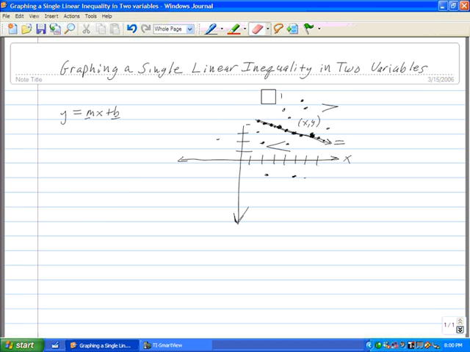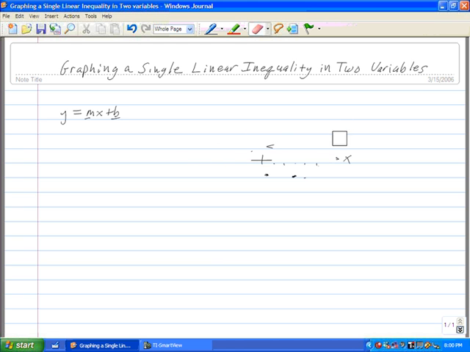I'm going to start off with another example where the inequality is given to you in an easy, ready-to-graph form. Let's look at y less than or equal to 2/3 x plus 4.